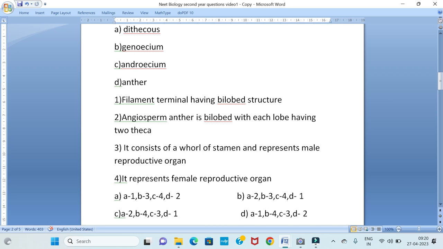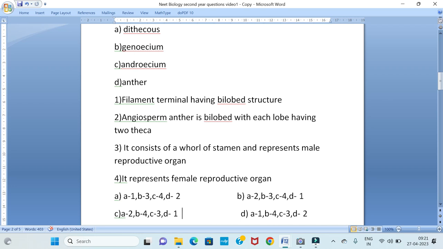Gin is an alcoholic drink. Foreign females drink gin, wine, like that. The males will drink whiskey. So gin, like that, represents the female reproductive organ.